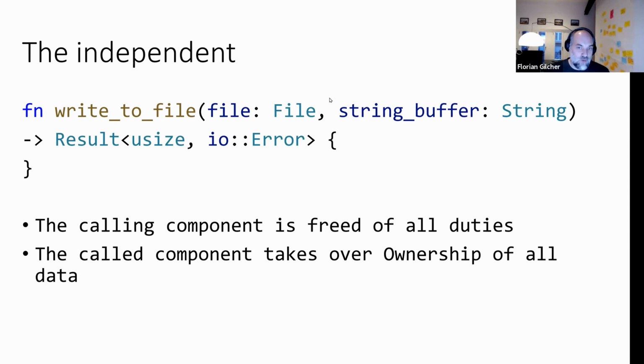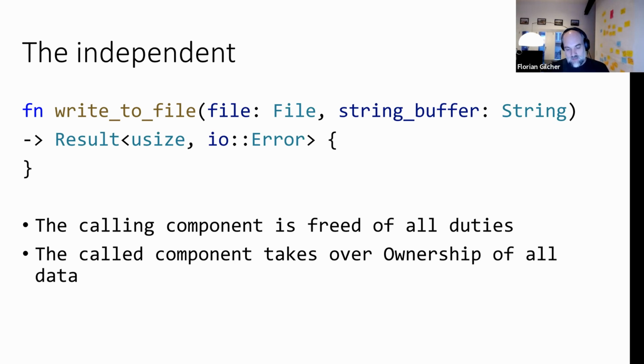And if we pass ownership here, that particularly means the calling component is after that function call immediately freed of all duties to manage both the file and the buffer. The called component will take over this ownership, can destroy these things at any time, can turn the string into a byte buffer or whatever is needed.